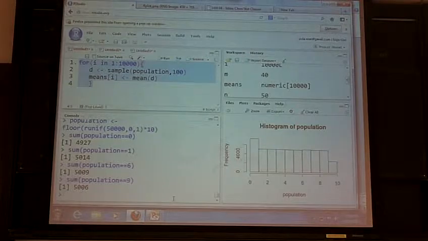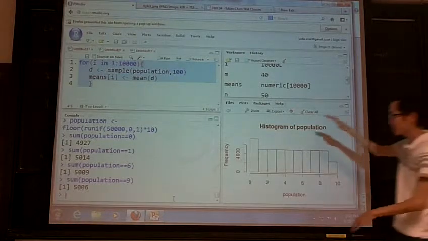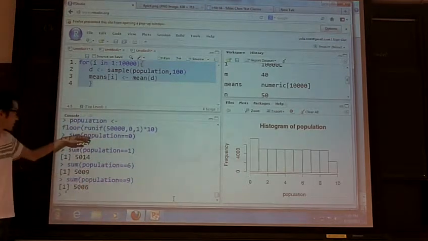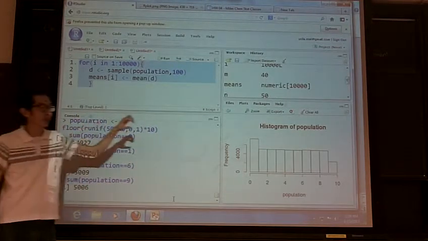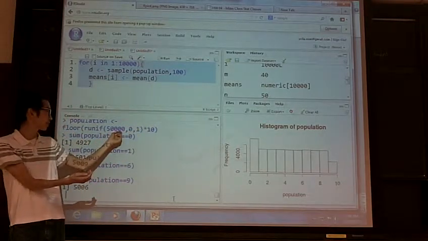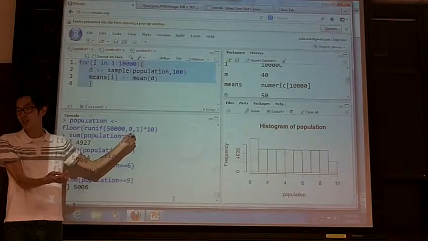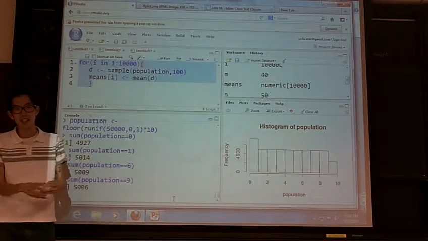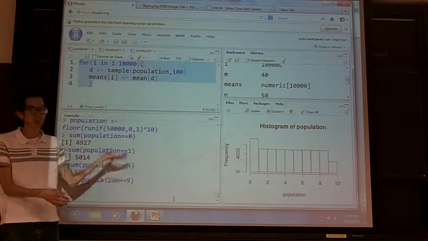Okay, that works. Sorry. So here, if you want to know the technicals, basically, our uniform generates numbers between 0 and 1, all equally likely, and I multiply that by 10 and I had it rounded.